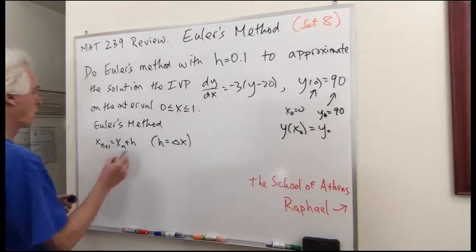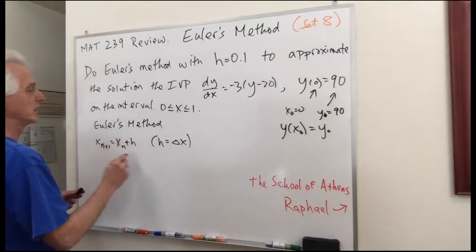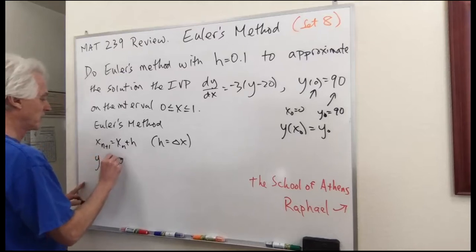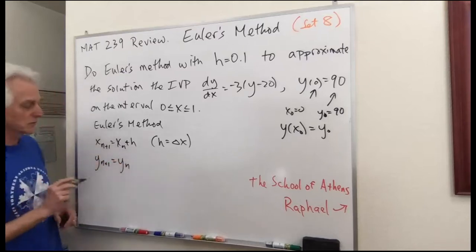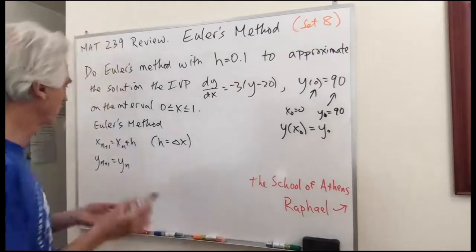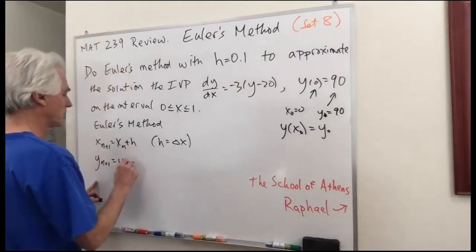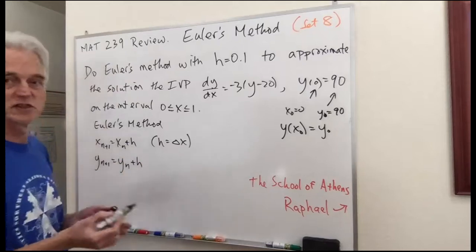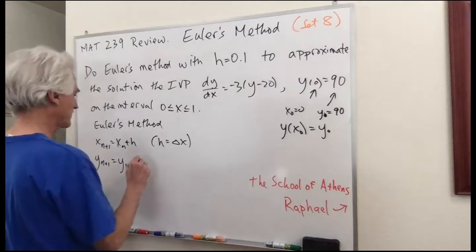All right, now what happens to y? Well, y(n+1) is the old y, yn, plus it gets updated by the approximation of h times our approximation for dy/dx. And what is that?